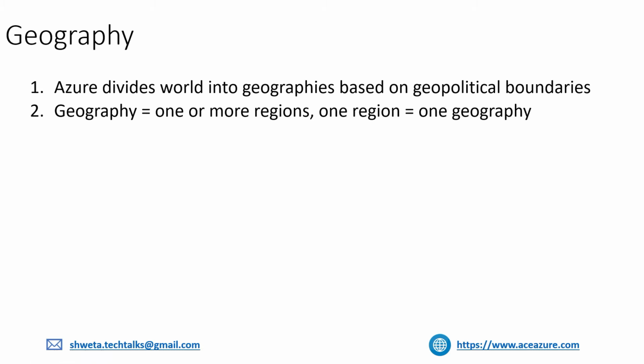So the next important term here is a geography that you need to be really aware of, because a region is able to identify the location of your resource. But what does geography specify in that case? So every geography has got their own geopolitical boundaries, which means that they have their own governments and the rules of their particular government.